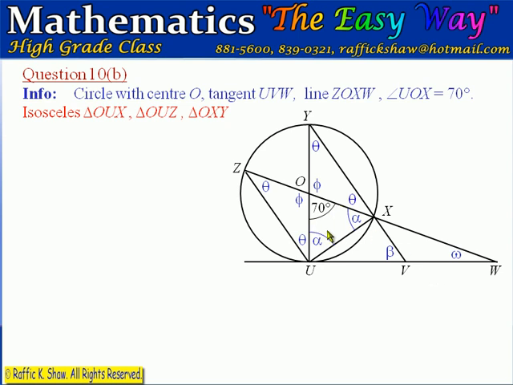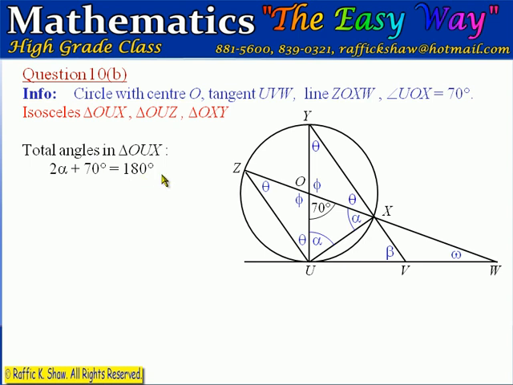Now firstly, the total angle in this triangle is 180 degrees, and we can show that total angle in triangle OUX is 180 degrees, and therefore 2 alpha plus 70 is 180 degrees. To calculate alpha we subtract 70 from both sides.